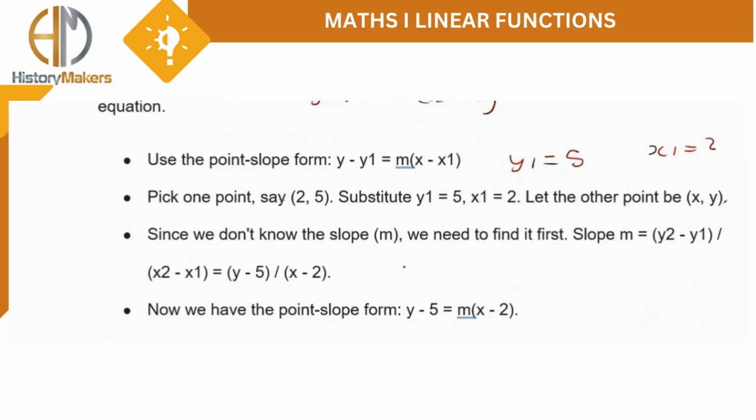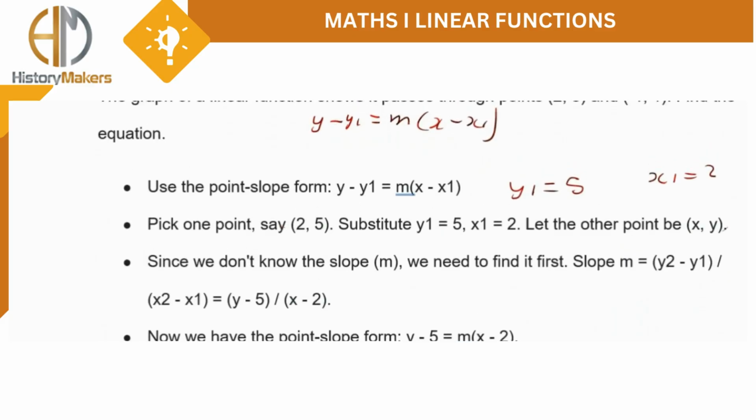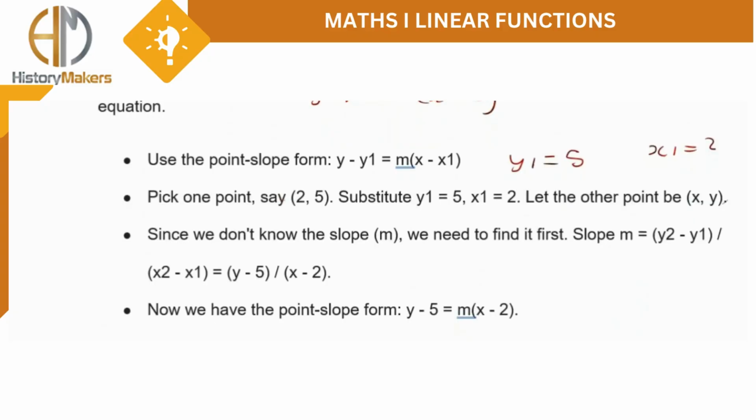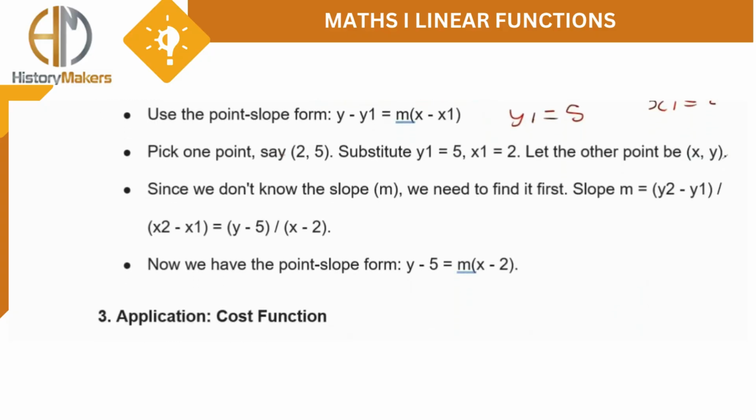Okay? So what is the slope? Given the two points (2, 5) and (-1, 1), we can simply find the slope. So we have (2, 5) and (-1, 1).